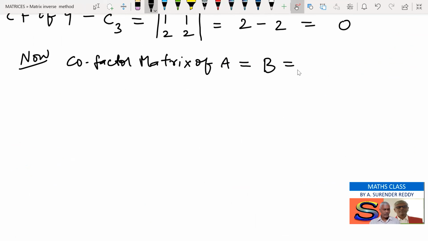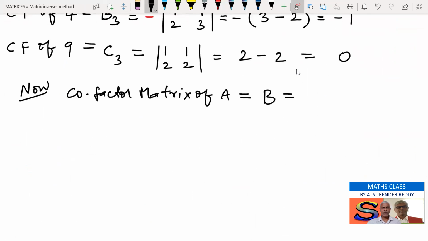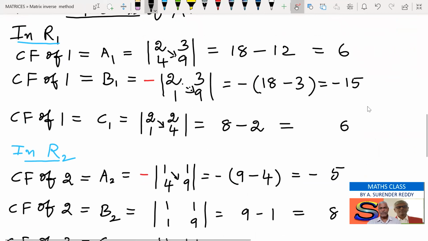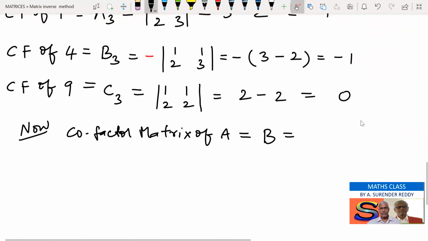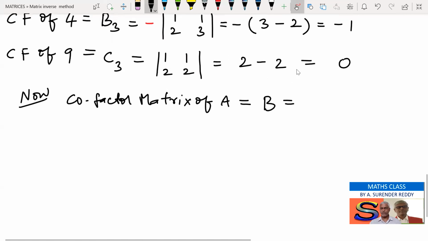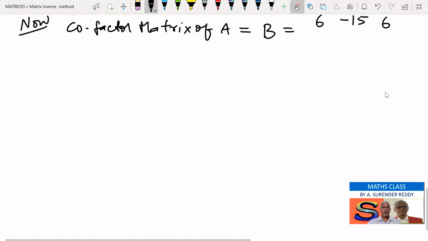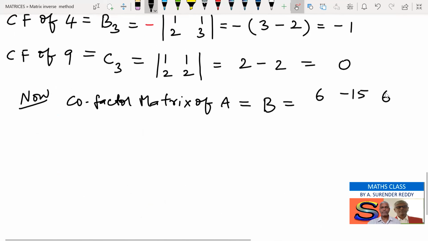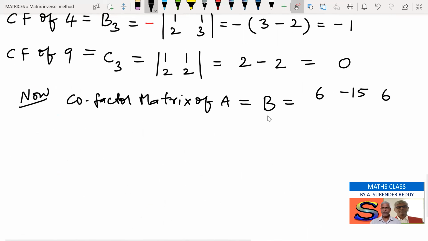So what are the cofactors? First row, A1, B1, C1: 6, minus 15, 6. The second row cofactors: minus 5, 8, minus 3.